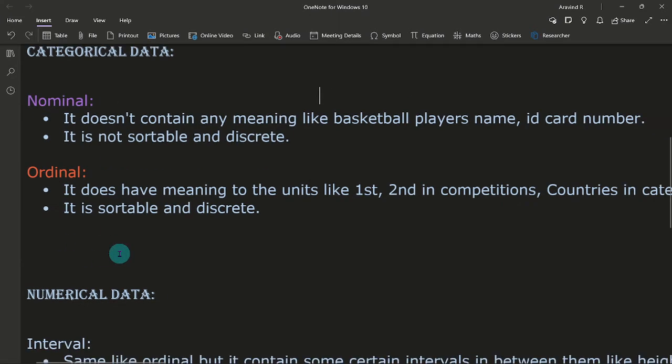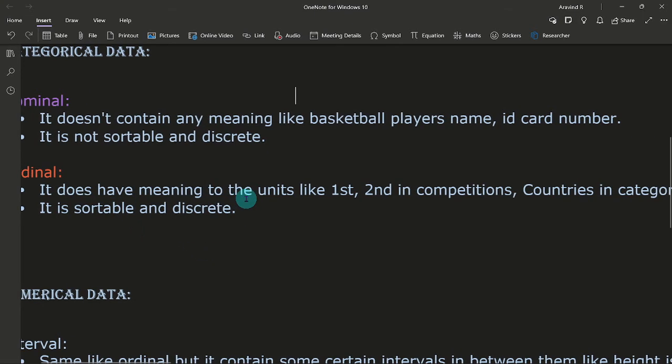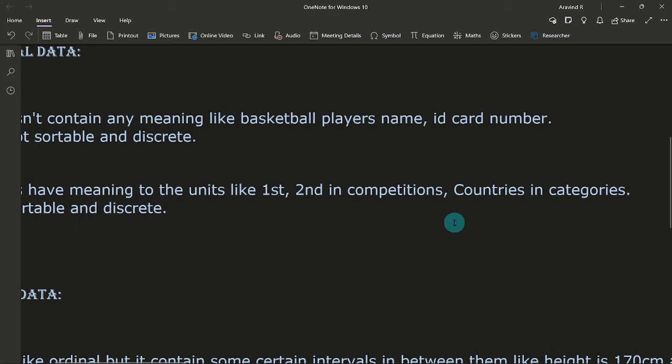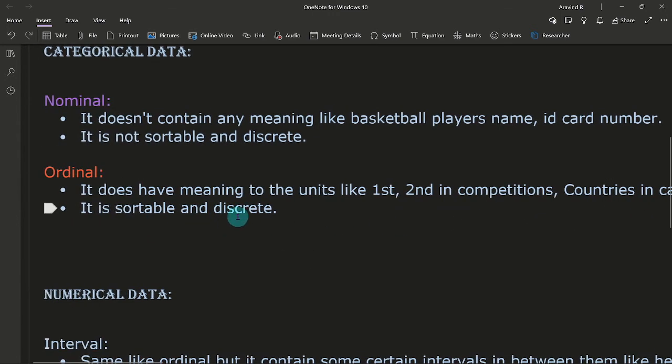Now we go to ordinal. First I will go through these lines, then we will go in depth on the meaning. It does have meaning to the units, like first, second in a competition. Ordinal means you can order the data.